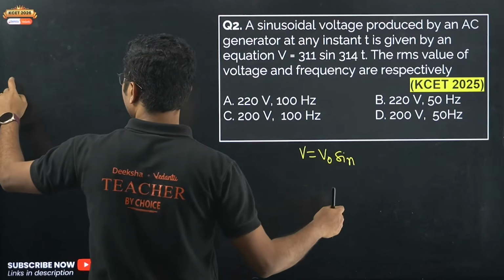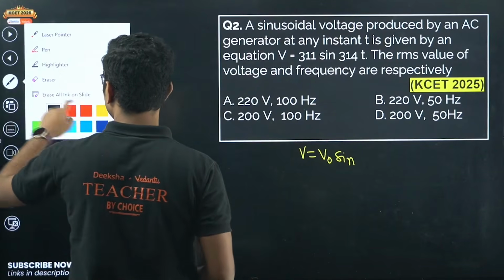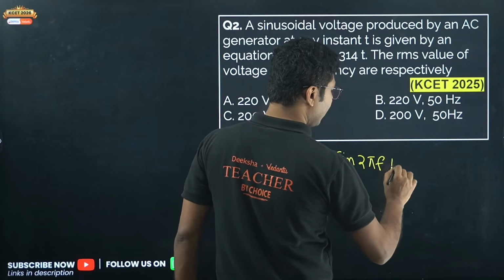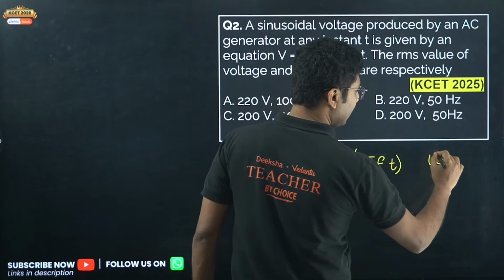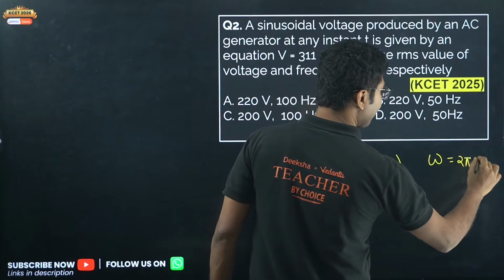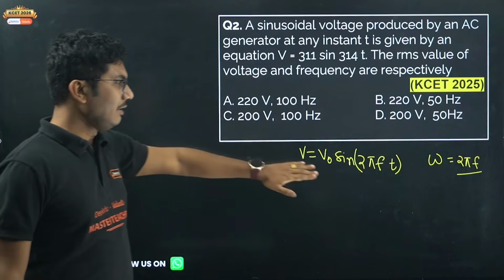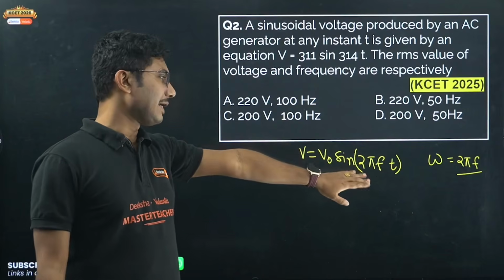What is omega, by the way? Omega is nothing but 2 pi into frequency. Omega is given by 2 pi f. F is frequency. So any voltage or current can be written in this form.